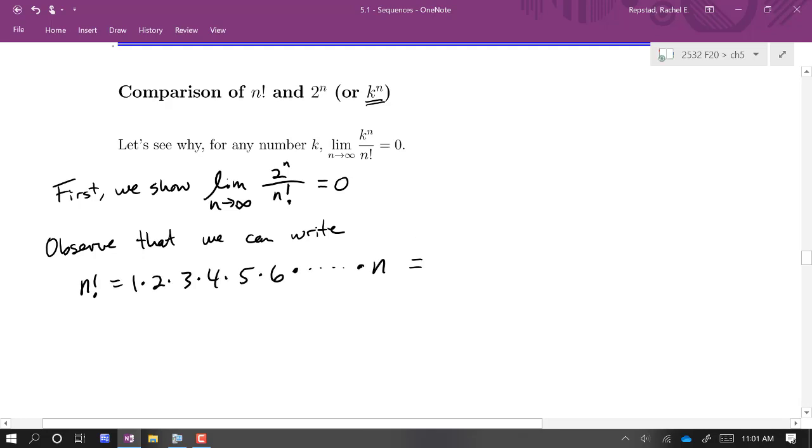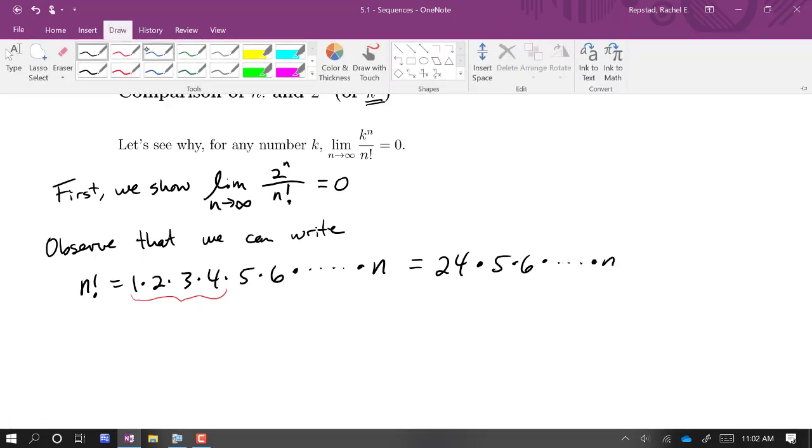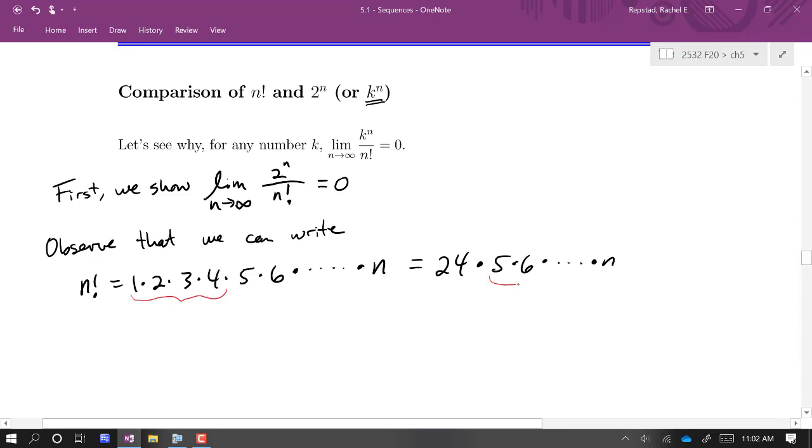And I'm going to group this. First, I'm going to just group these first 4 factors. 1 times 2 times 3 times 4, that's 24. And then we have times 5 times, then the rest of the factors. And right here, from 5 up to n, that's n minus 4 factors. And we can rewrite the expression n factorial in this way as long as n is at least 4.